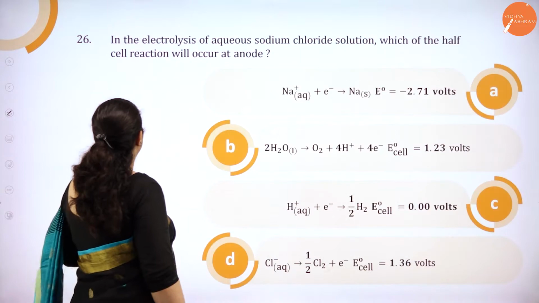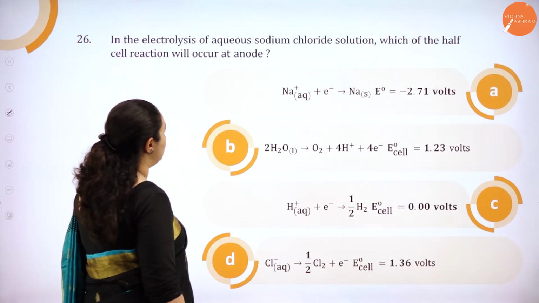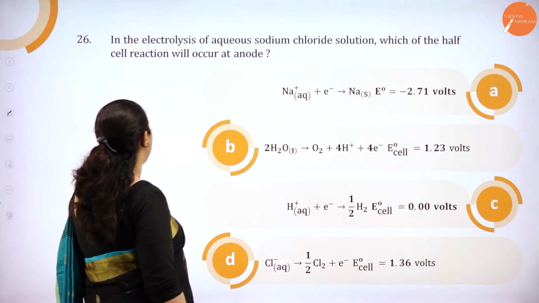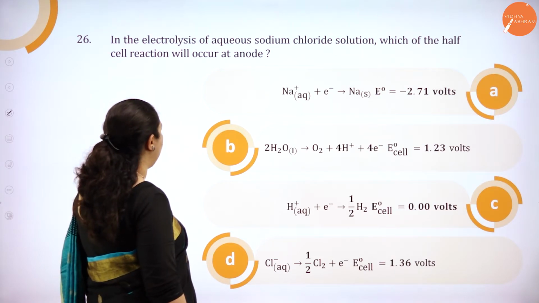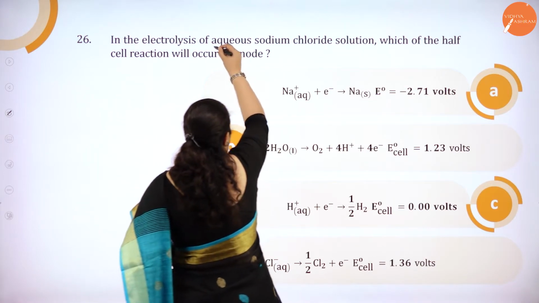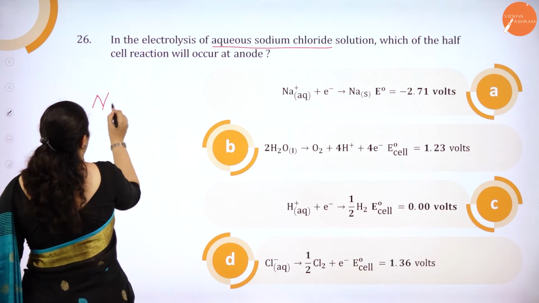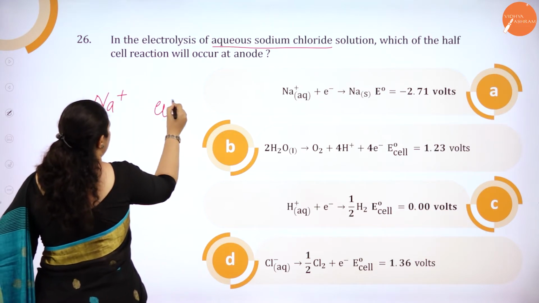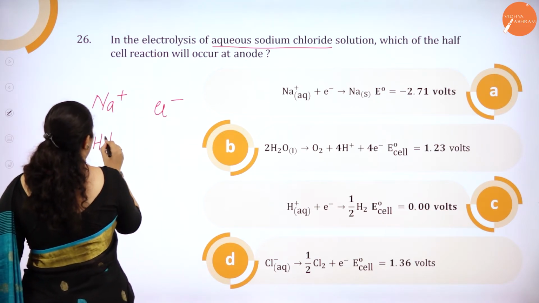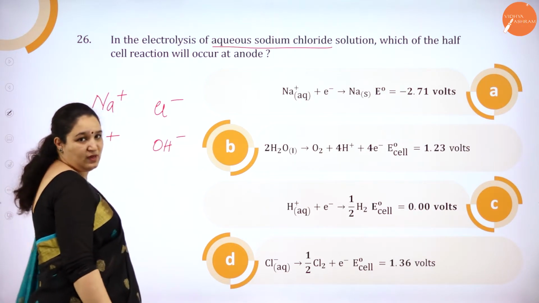Next question. In the electrolysis of aqueous sodium chloride solution, which of the half cell reactions will occur at anode? See, electrolysis of what? Aqueous sodium chloride solution. In aqueous sodium chloride solution I will have Na+ ions, Cl- ions, H+ or H3O+ ions and OH- ions. Correct?